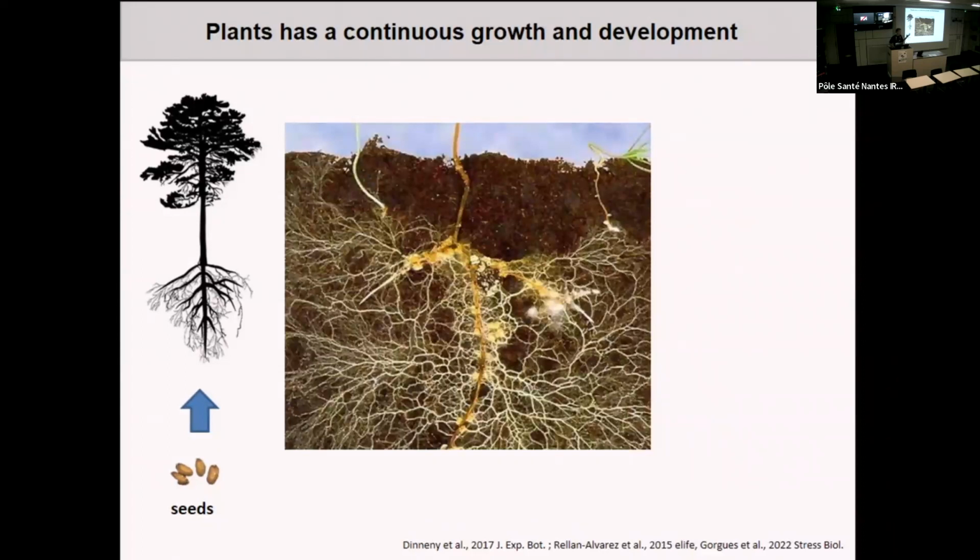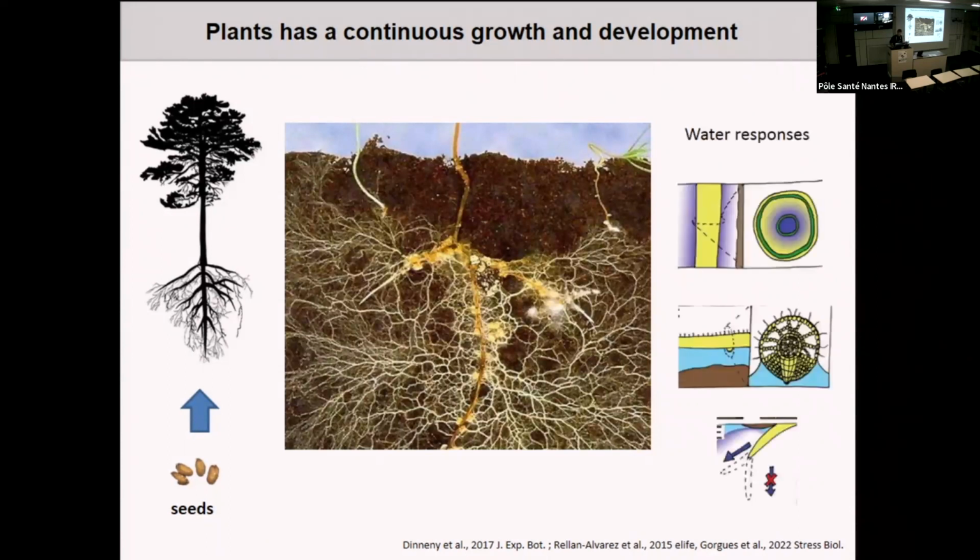Soil is really a complex structure with air bubbles and salt particles that will constrain the localization of minerals and water. And plants use this continuous growth to optimize the uptake.